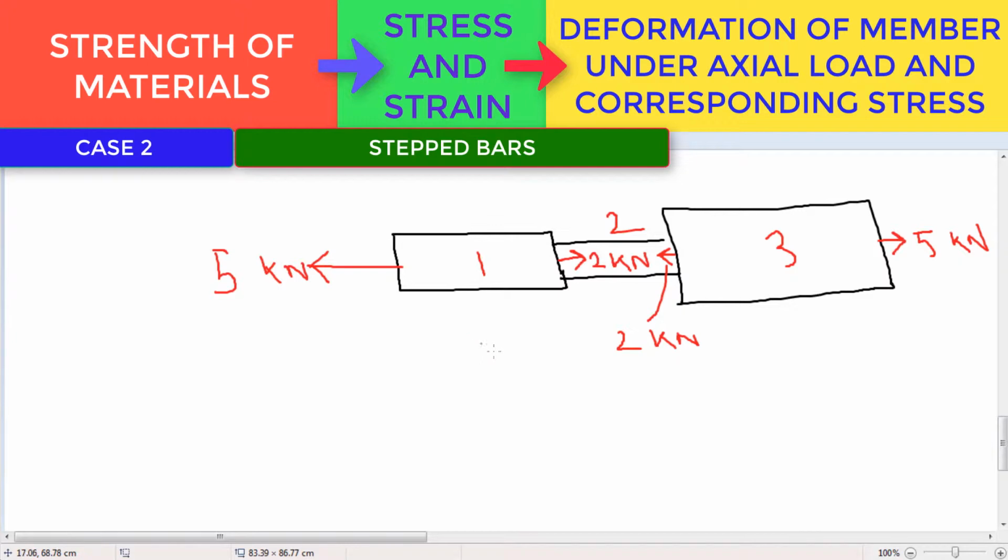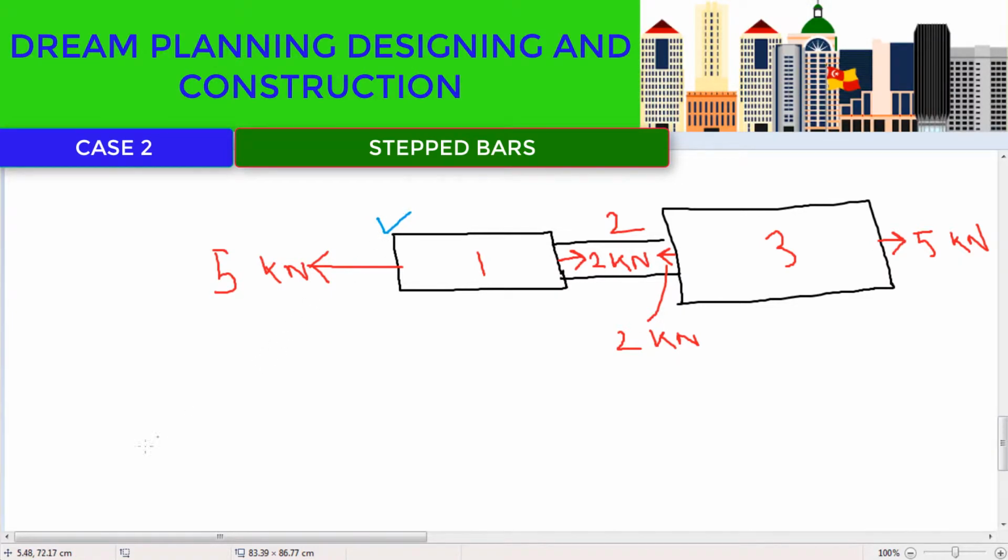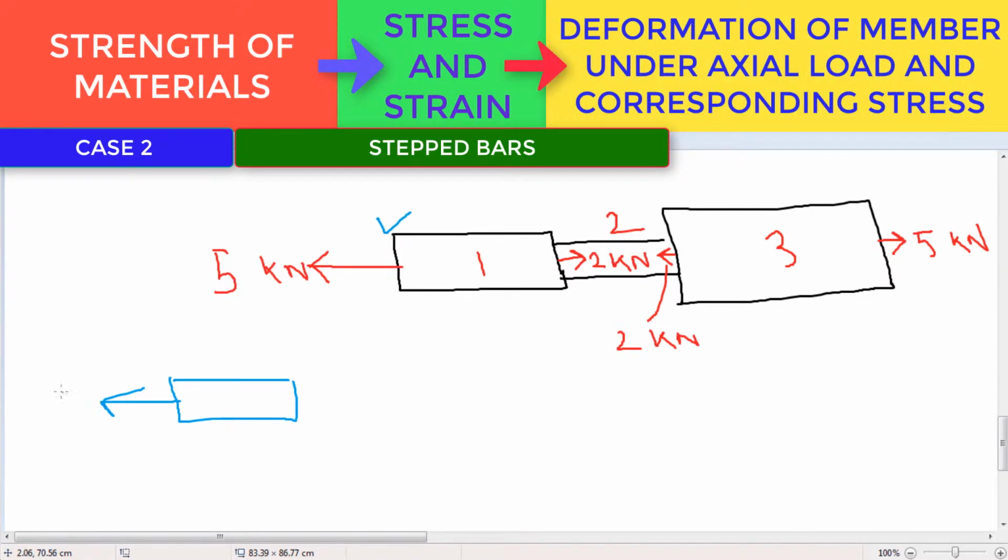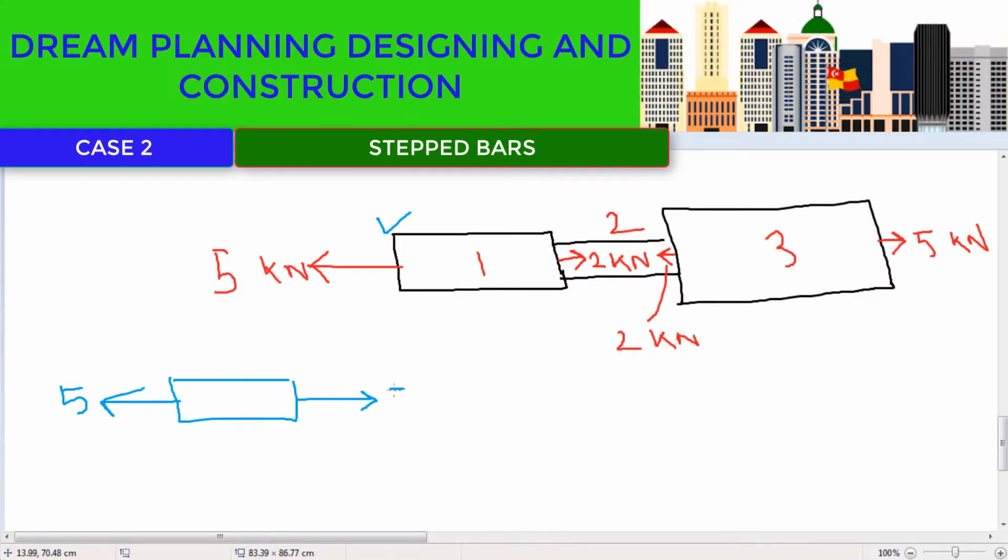For the first member we first draw the free body diagram. We start from the left side. On this side the value is 5, so there is an equal and opposite value, that is also 5.